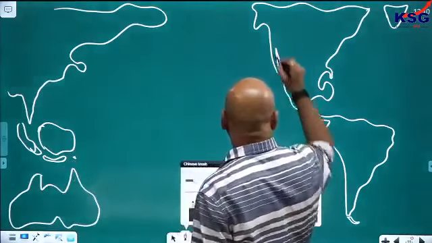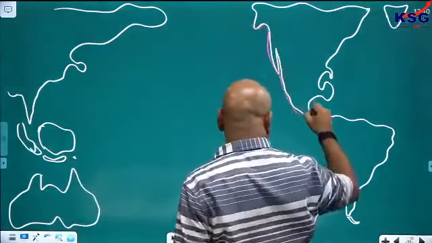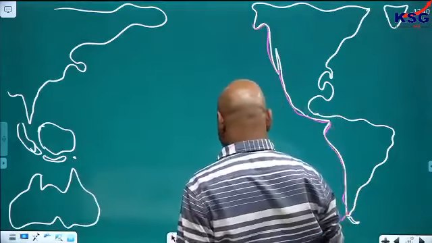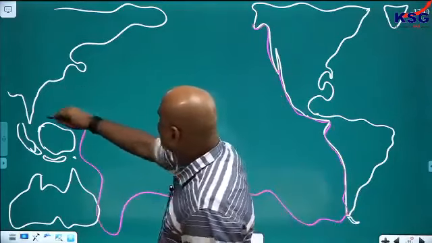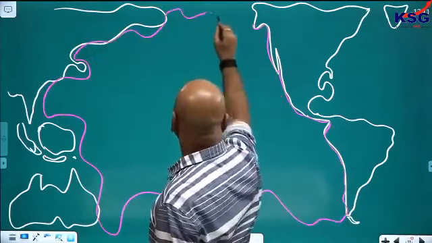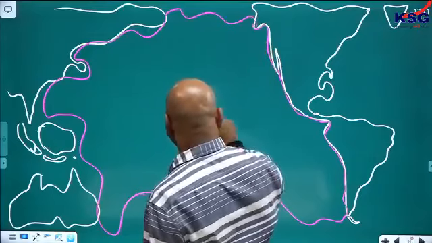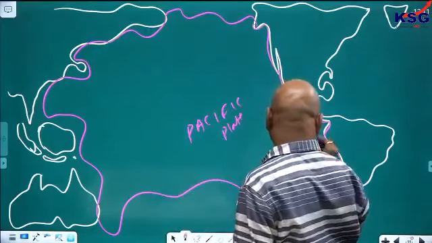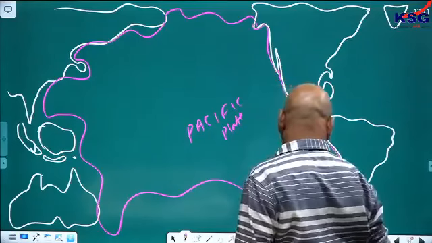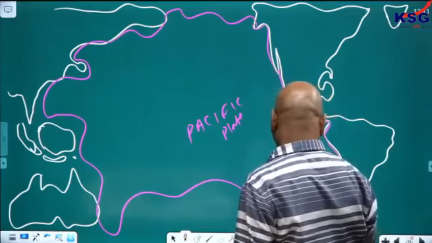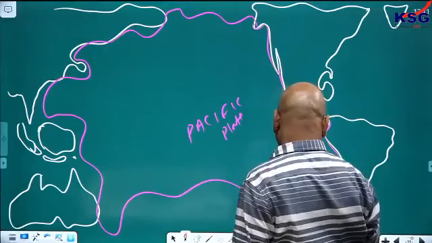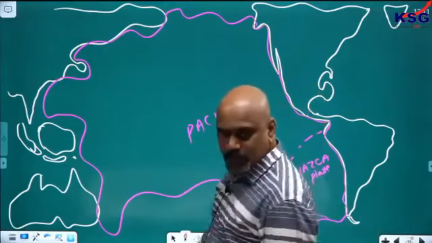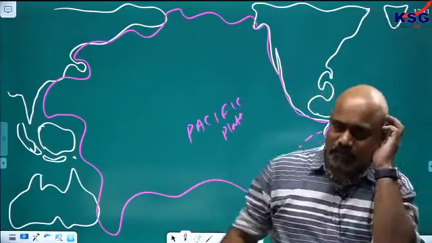Pacific plate, this is the Pacific plate that you have already seen. Here is the plate. The Pacific plate is like this, isn't it? And here it is Nazca plate. Pacific plate and Nazca plate.